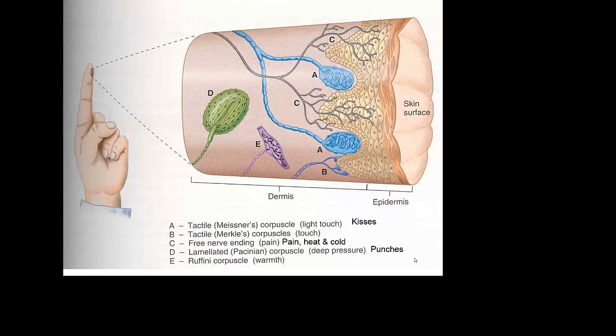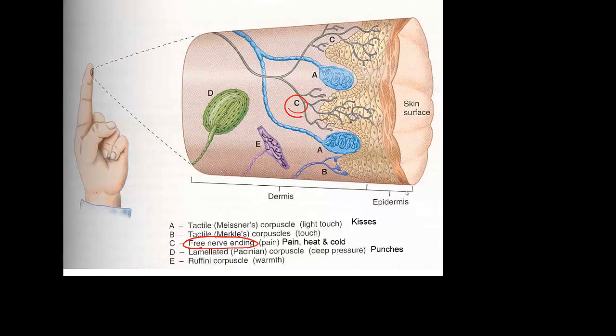Even though these are general or somatic senses, we do have different receptors that we look for. And so if we want to look for temperature, we look for these free nerve endings, or letter C here. These are going to be associated with heat and cold and some pain.